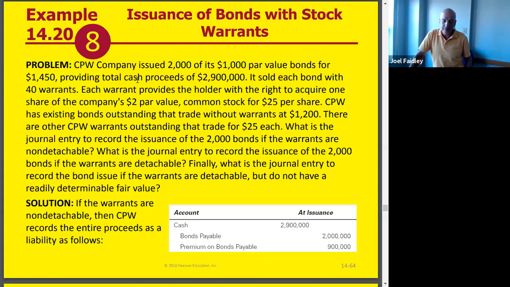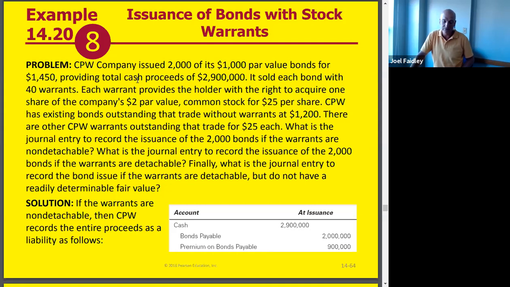What is the journal entry to record the issuance of the 2,000 bonds if the warrants are non-detachable? Well, if it's non-detachable, we could have just skipped the rest of that. If they're non-detachable, you don't do anything different. You just record it as if what we've been doing the last 45 minutes to an hour. So there's my cash proceeds, $2.9 million. There's my bonds payable, 2,000 times $1,000 par, and then the rest is my premium on bonds payable, to make the thing balance.